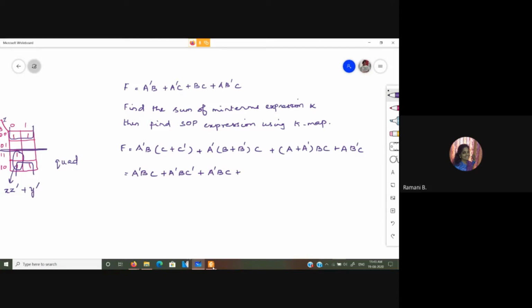I think I wrongly said it as De Morgan's theorem. And this is A bar B bar C plus ABC plus A bar BC plus AB bar C.